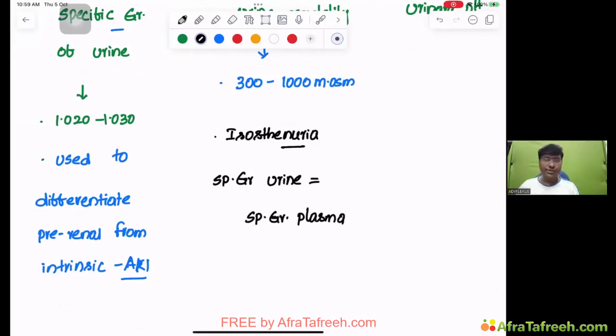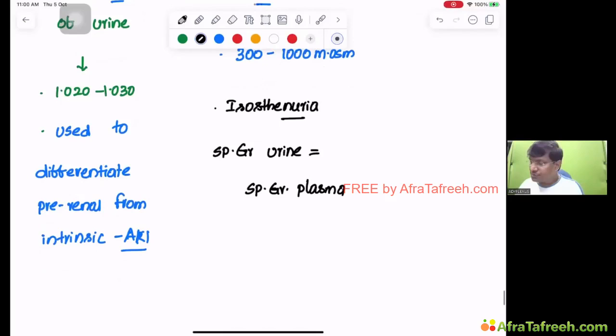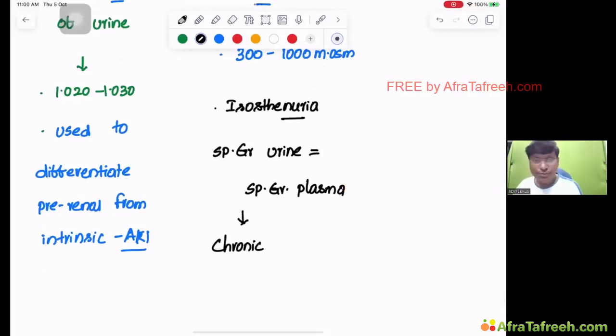That is called isostenuria. The word iso means same. Stenuria, that is the concentration. So where do you have this isostenuria? You have this isostenuria in chronic tubulointerstitial disease.